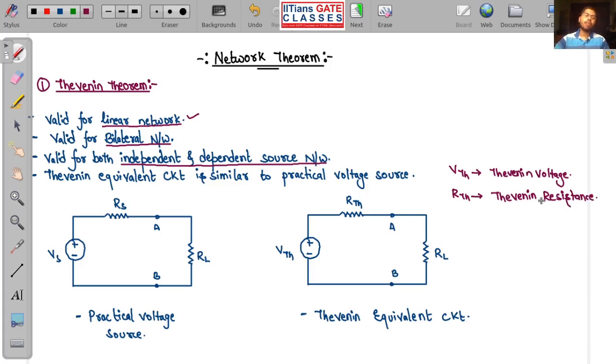So basically what we do in Thevenin theorem is convert a huge circuit, a big circuit of a linear bilateral network, into a Thevenin equivalent circuit, and this is your Thevenin equivalent circuit. You can see there is a Thevenin voltage, Thevenin resistance and load resistance, along whose terminal we Thevenize the circuit.